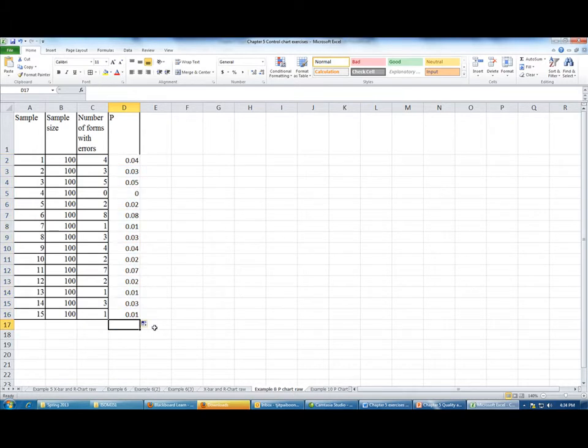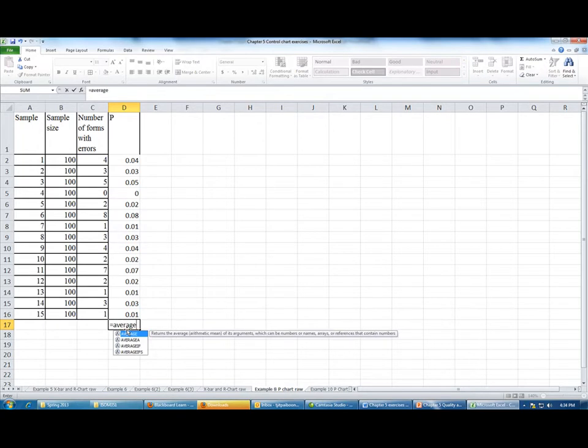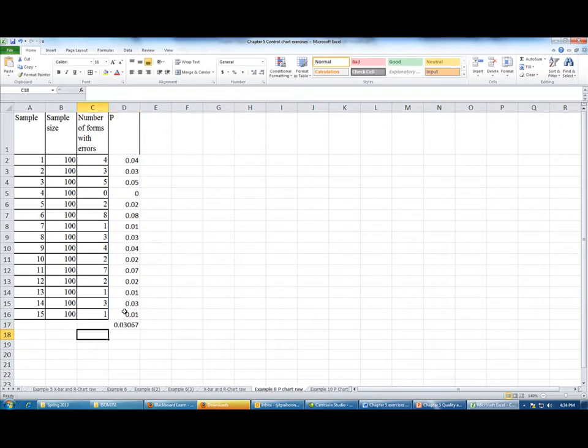After that, with this P, you're going to have to find P bar. You're going to use an average of P over here, so that we call P bar.